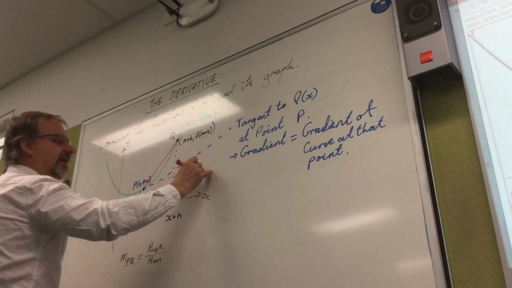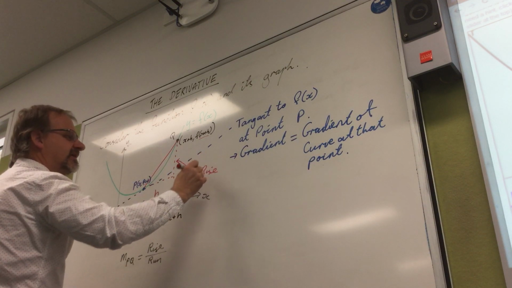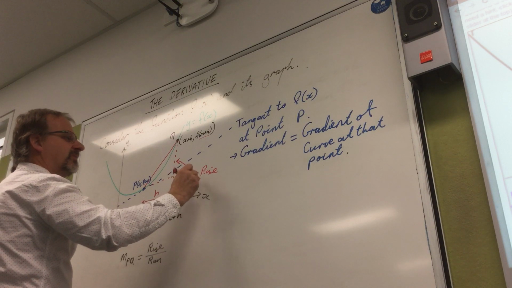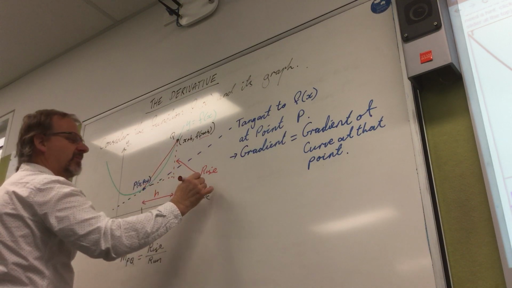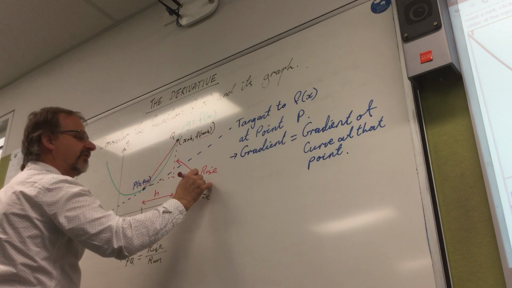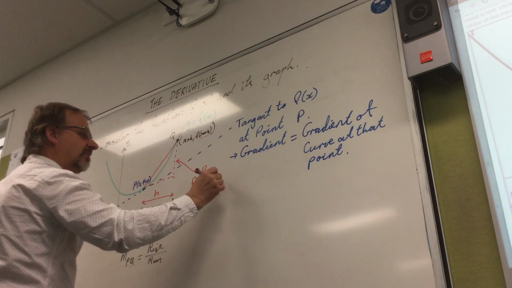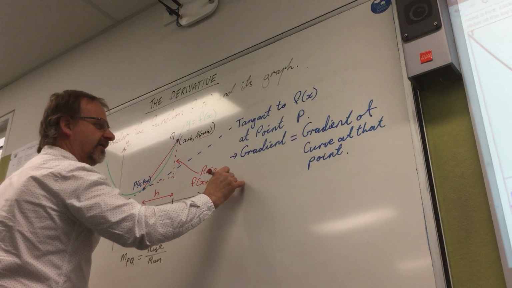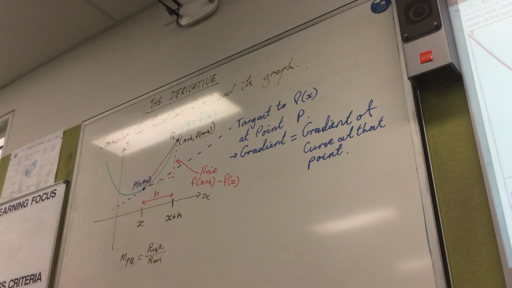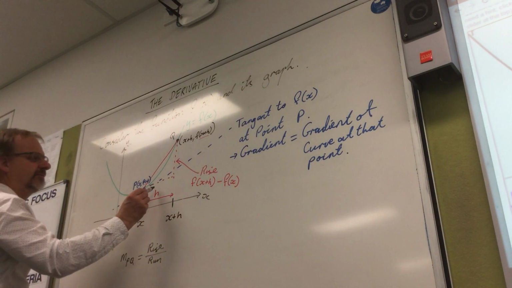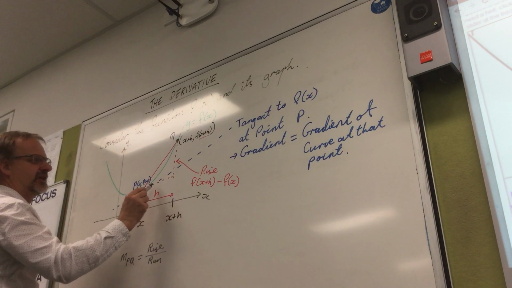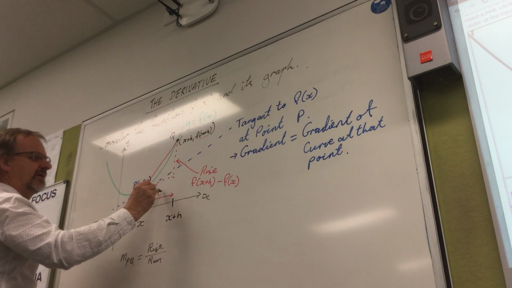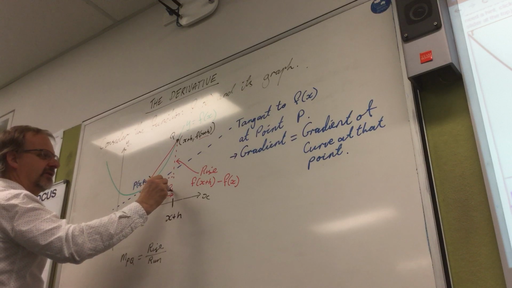So that length there, our rise, would be the y coordinate at that point, f of x plus h, minus the y coordinate of point P, which is f of x. And our run is how much our x has changed by, and our x has changed by h.